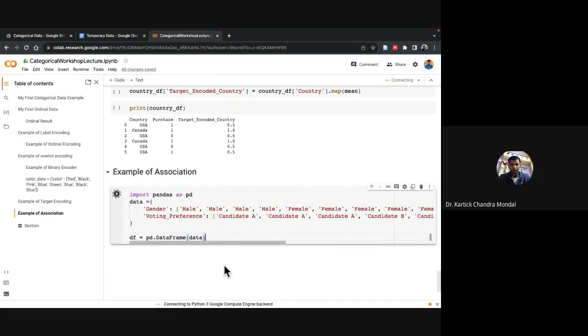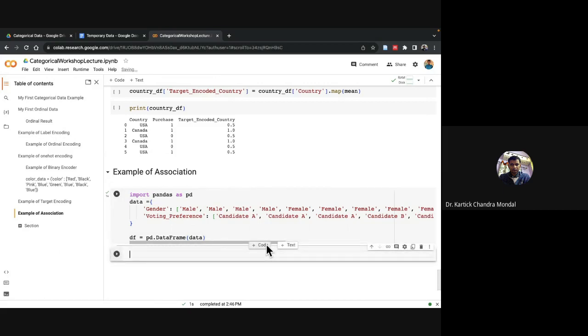Before going into the association, let's create a larger data set which will help you to analyze it in a better way. Since we are talking about categorical data, we will consider these two categories of gender and voting preference, and we will create another large data set.